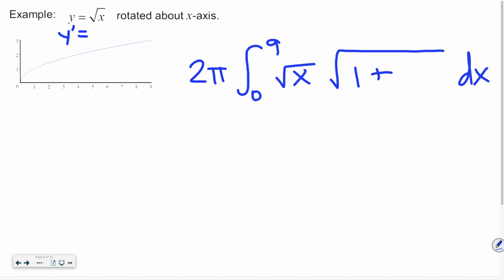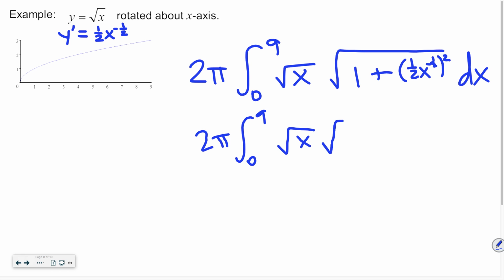What's our derivative? x to the negative one half. So when we square it, we get 1 over 4x.